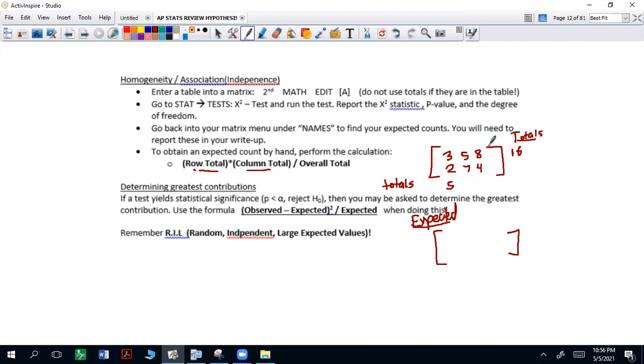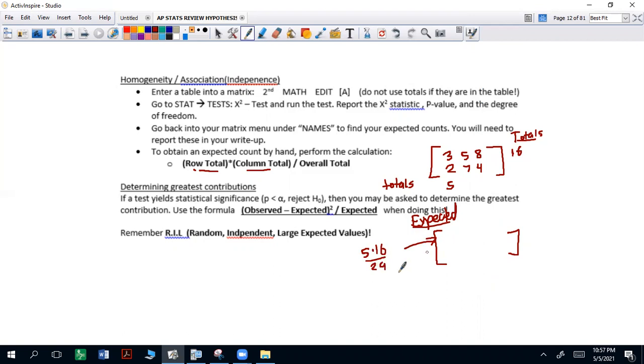So for the expected, in this case here, you would do 16 times 5 divided by however many there are here. So there's 5 plus 12, 17, plus another 12. So it's going to be 29. So it's 5 times 16 divided by, what did I say? 24 plus 5, 29.